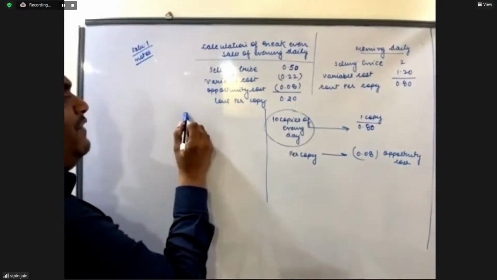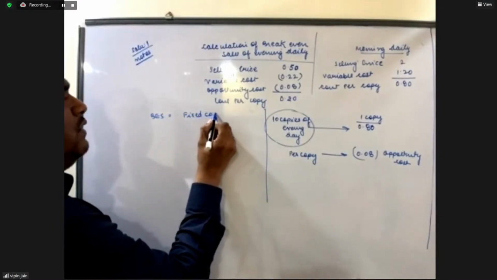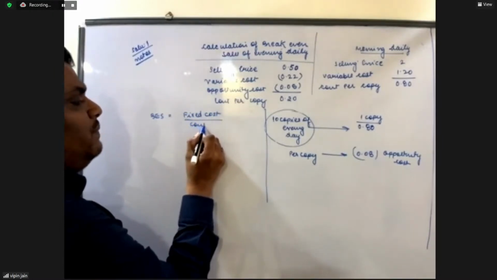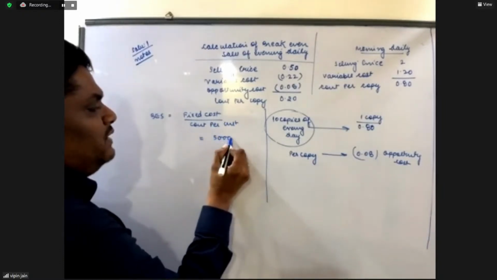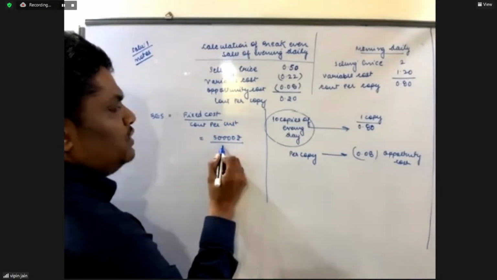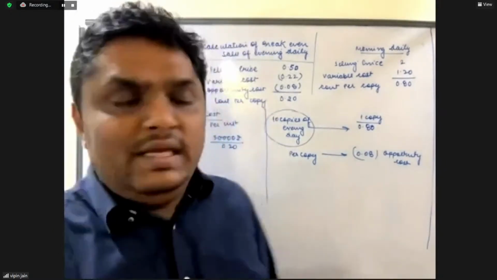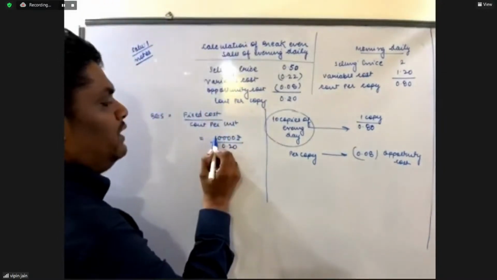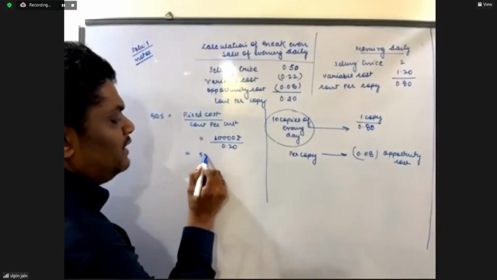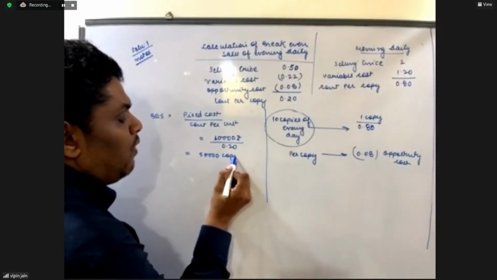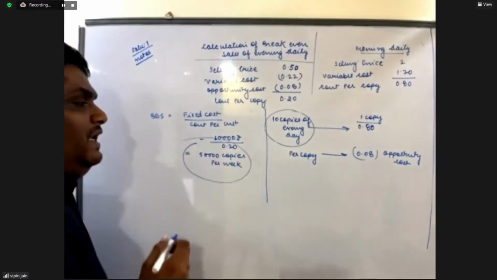And further, for break-even sales, the formula is fixed cost divided by contribution per unit. Sorry, my fixed cost is 10,000 and contribution is 0.20. So this will be 50,000 copies per week. So this will be my break-even sales.